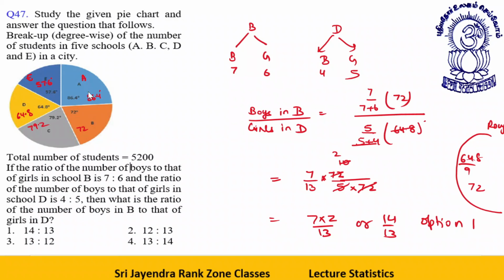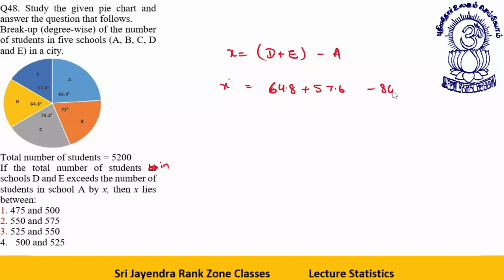And A is 86.4. 0.8 and 0.6 is 1.4, one carry. 64 and 57, 58 this one carried. 4 and 7 is 11, 11 plus 1 is 12, 1 carry. 122.4. So 64.8 plus 57.6 is 122.4, minus 86.4.